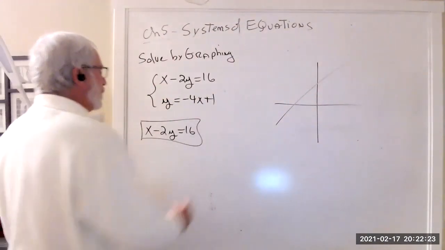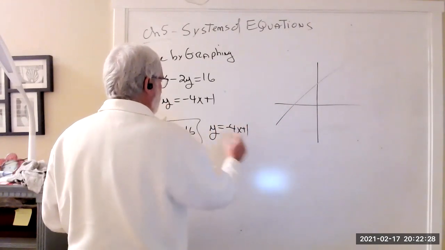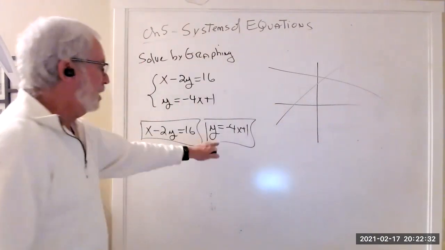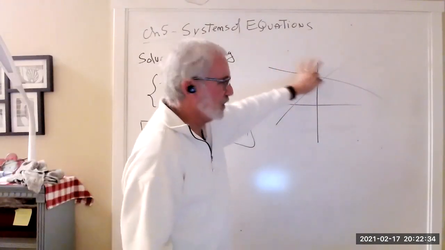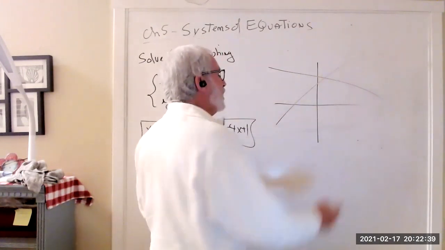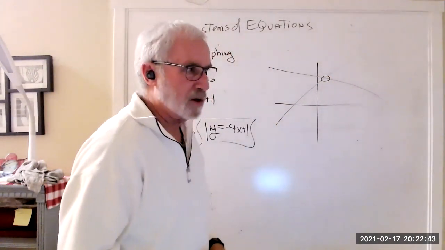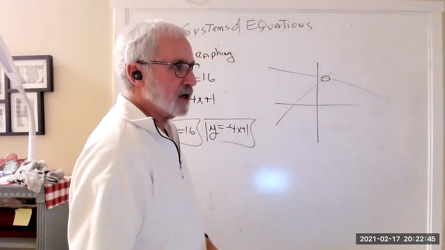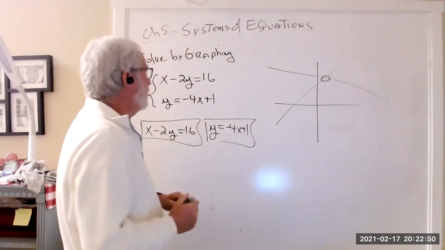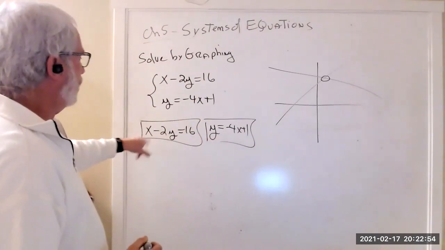Then you're going to graph y equals negative 4x plus 1 on the same grid. Then you hope and pray that you can figure out where they intersect. That's the game. I give you about 3 minutes to graph these. We'll pause while you graph these.